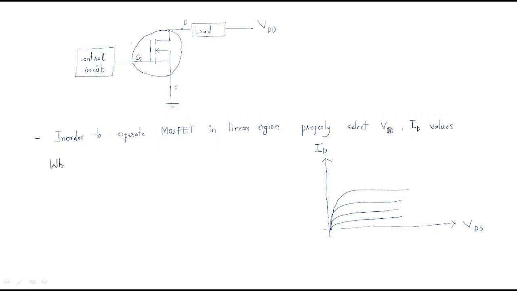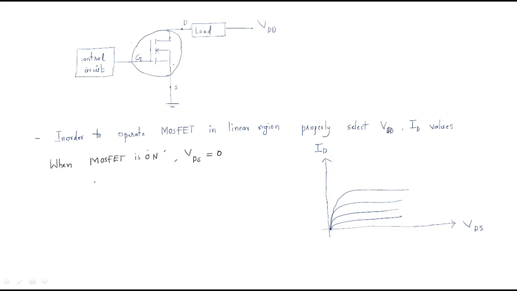When the MOSFET is on, the voltage between the drain and source is 0. I will write VDS is 0. Then what is the drain current? The drain has some resistance, so I will write it like this.